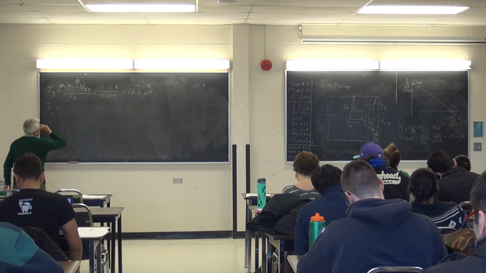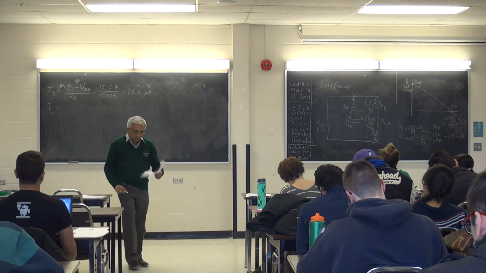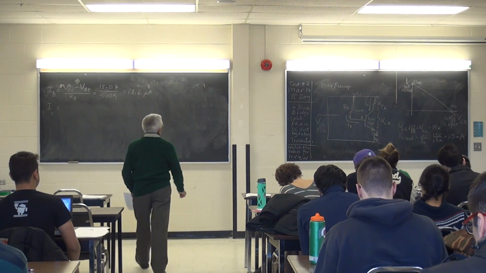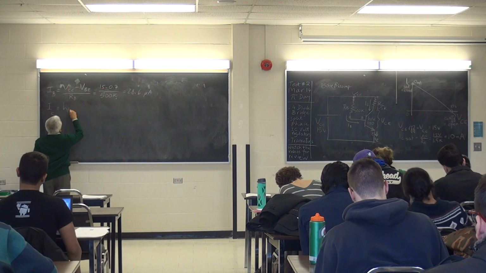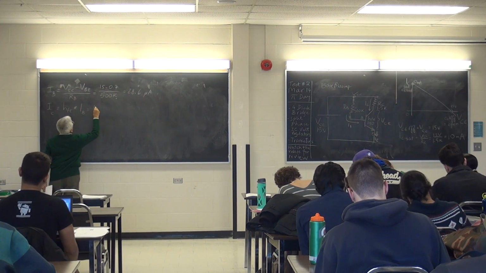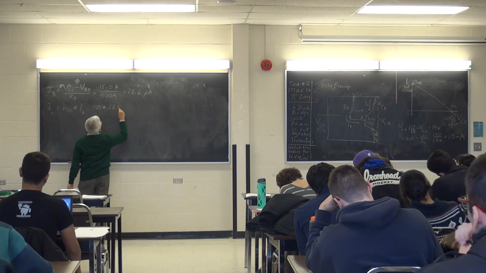IC is now going to start flowing, and IC is going to be beta times bigger, HFE times bigger, and HFE is 150. So it's HFE times IB. 150 times 28.6 microamps.